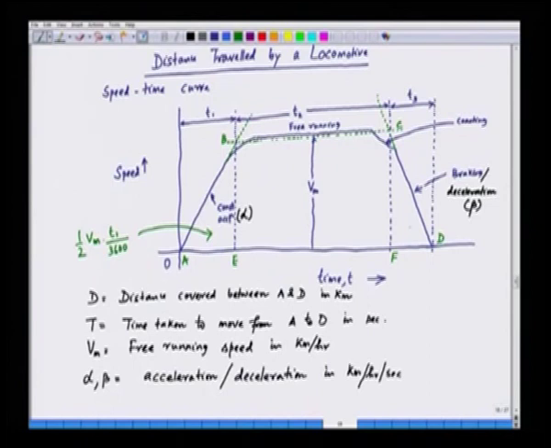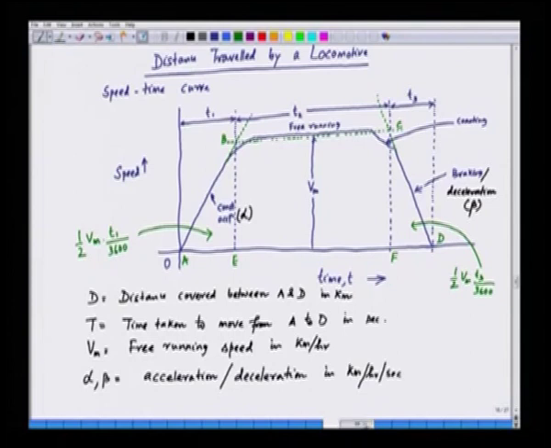What about the area of this triangle? The area is half Vm, the speed, and this is T3, and we have to convert this into hour, 3600, and then we have T2 here. And since we know the acceleration, we can find out what is the distance covered.